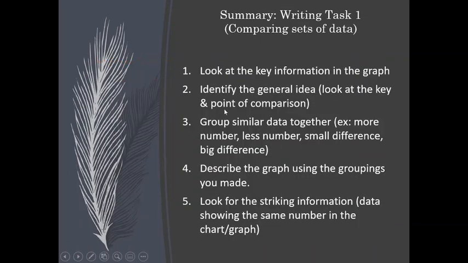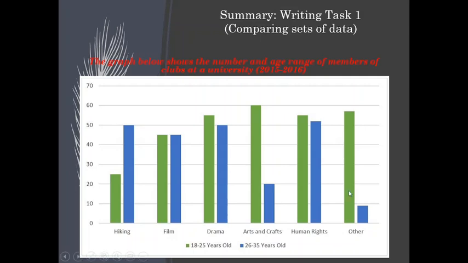All right. Next, identify the general idea. So how are we supposed to identify the general idea? You have to look at the key and point of comparison. Okay, so this is the key, and where's the point of comparison? So this is our point of comparison.